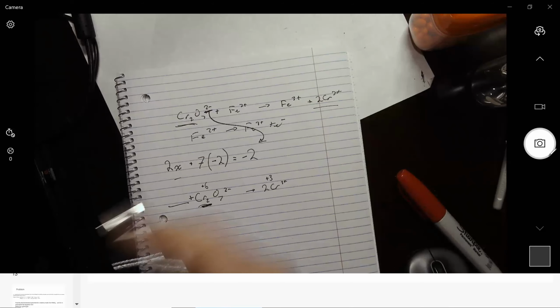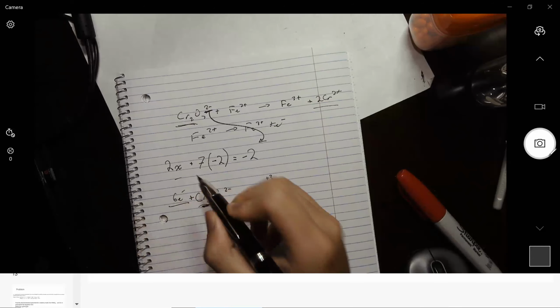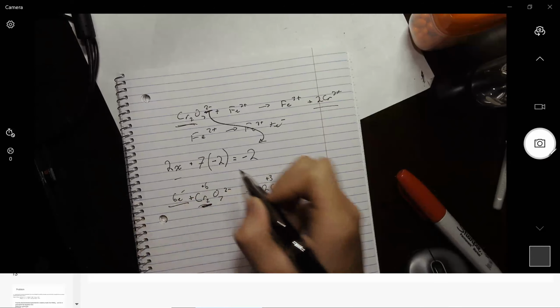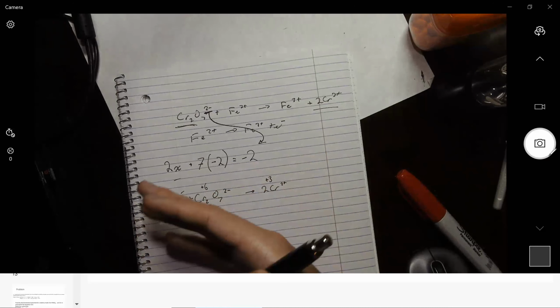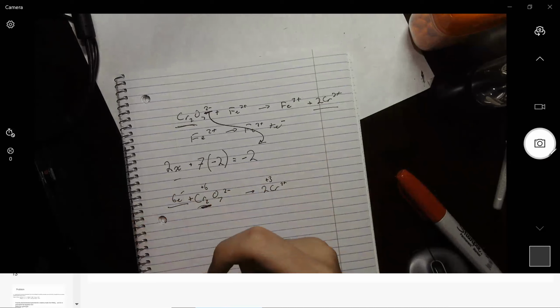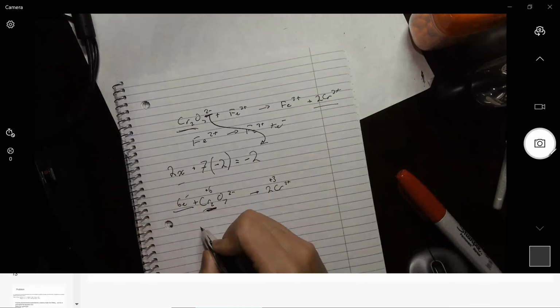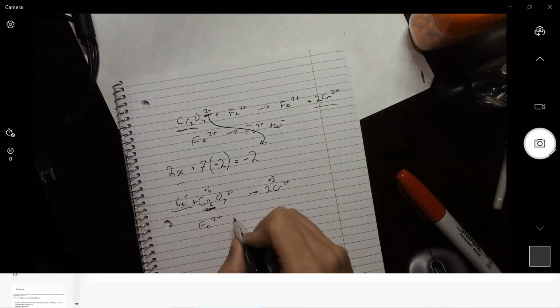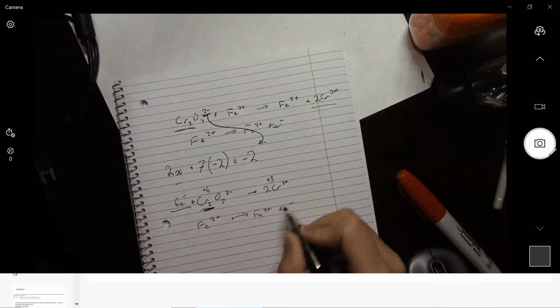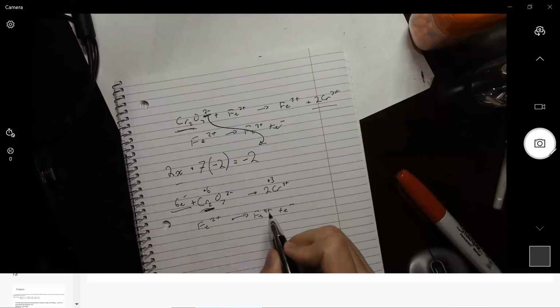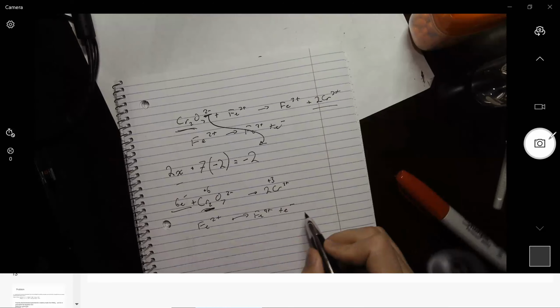It should be 6 e minus, because each chromium atom is gaining 3 electrons, and then we have 2 chromium atoms, so we have 6 e minus. And then this needs to be multiplied by 6.